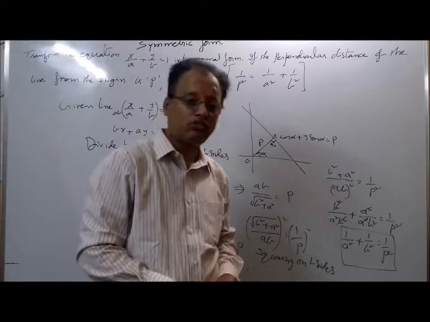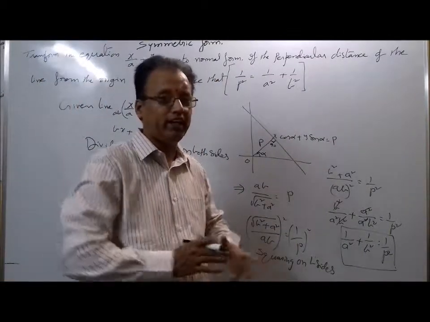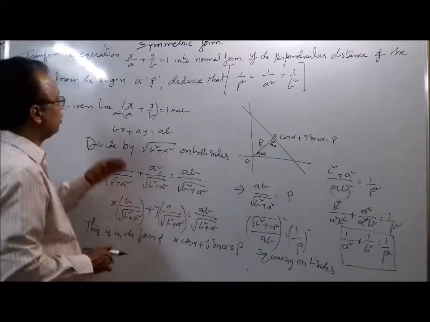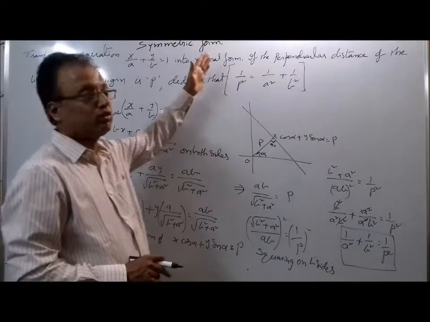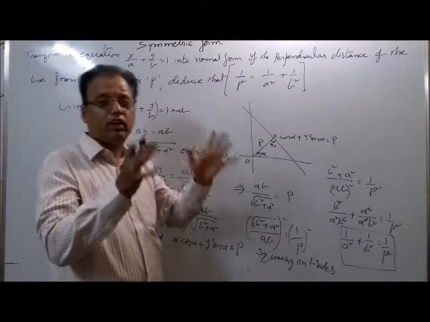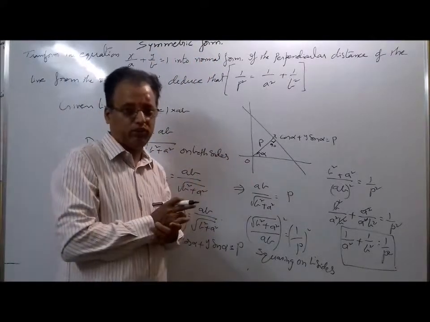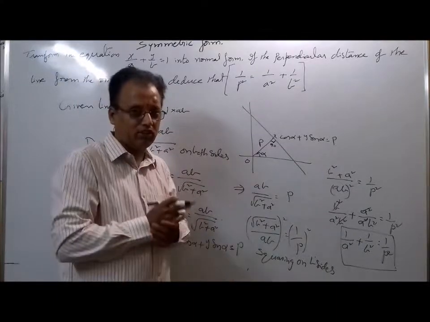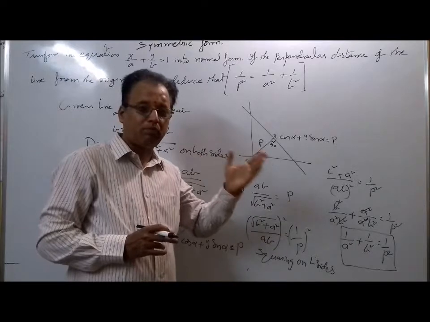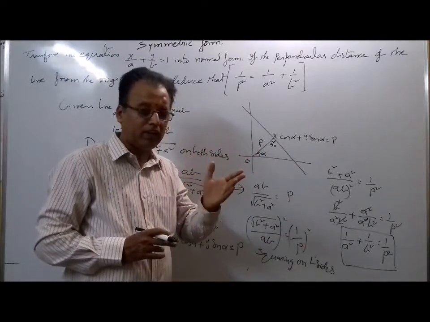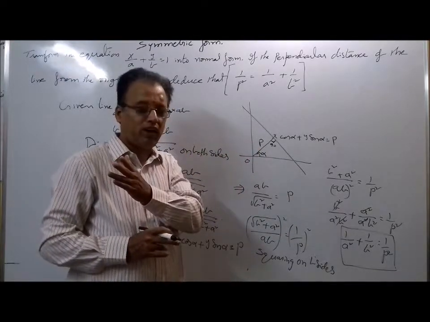Okay? So for today, what we did: the symmetric form, we found different parameters in different applications, and the condition when the lines are parallel, m1 is equal to m2, perpendicular, m1 m2 is equal to -1.